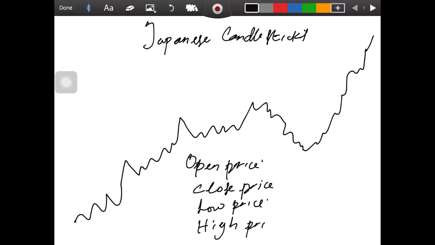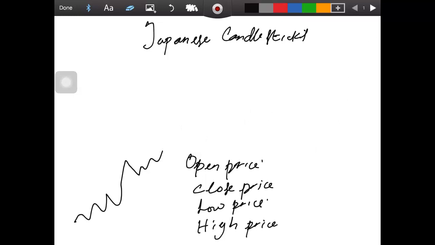Let me clean this so I'll have more space to show you what I want to show you. For any particular period.